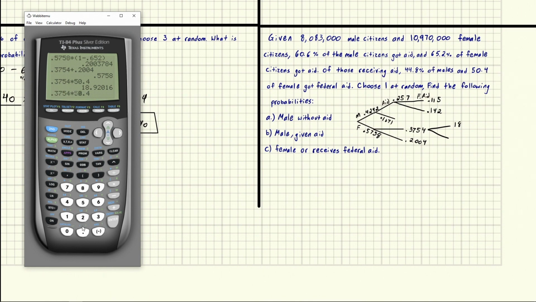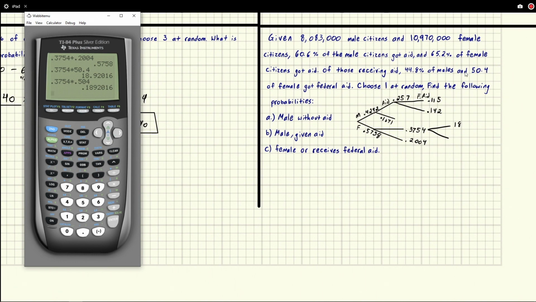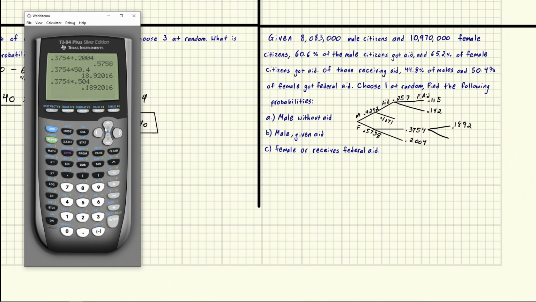This should be 0.504, because this is a percentage. 48% of males, and this should be a percentage. All right. And that's going to give us 0.1892. And then we're going to do this same thing, but this time with the complement, 0.3754 times 1 minus 0.504, and we get 0.1862.